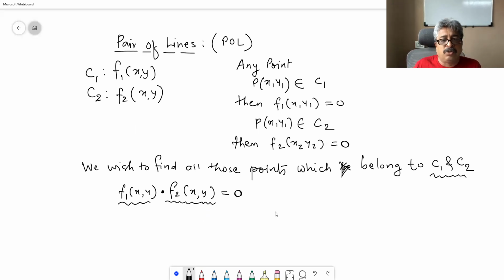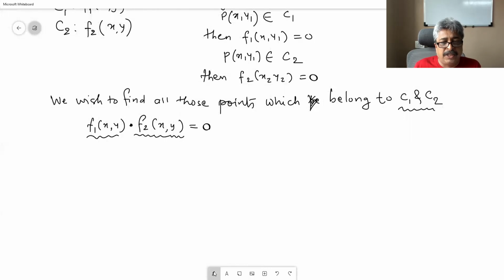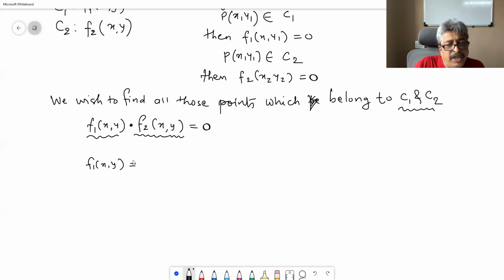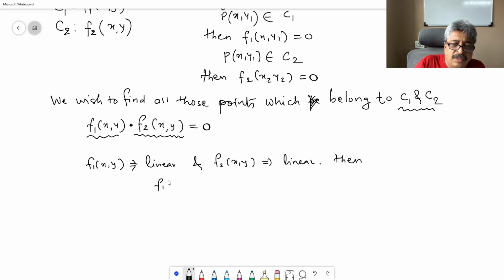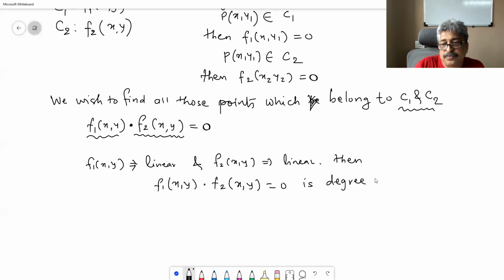Now, as we are dealing with degree 2 curves, general degree 2 curves, what will happen here is, if we take the first curve f1 of x comma y to be linear and f2 of x comma y also linear, then f1 of x comma y into f2 of x comma y is equal to 0 is a degree 2 equation in x and y, and the moment it is a degree 2 equation in x and y, it has to be studied.